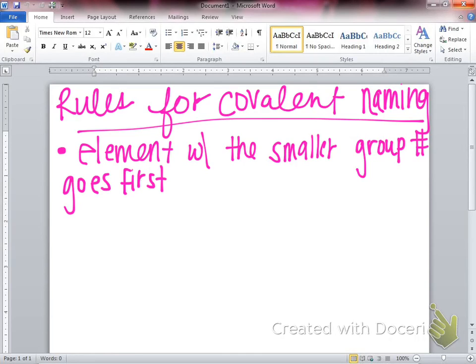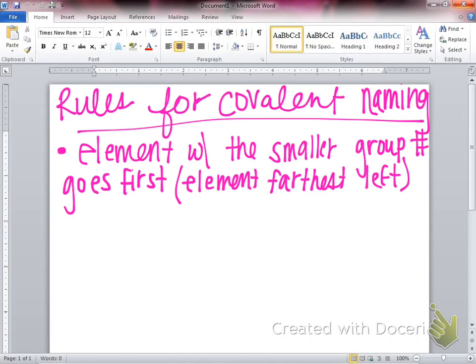That's the element farthest to the left. It gets to go first. So, does carbon have a smaller group number than oxygen? Yes, that's why it gets to go first. Carbon is listed before the oxygen.